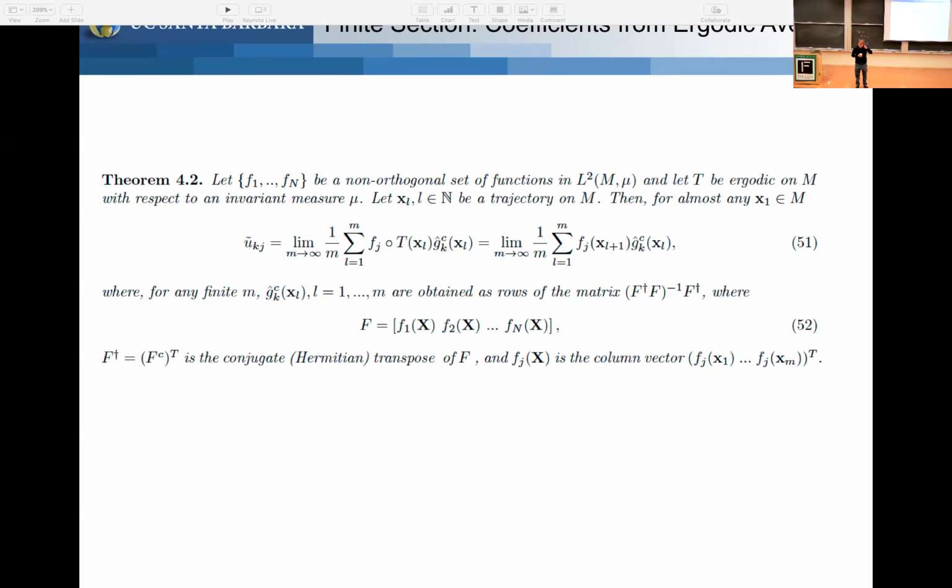I guess the question is, do you actually need convergence of the operator, or do you have something much weaker to still be able to? So that's a great question. And if you posit the problem the way I did, the only convergence that you need to think about is these time averages, right? In the early papers that I wrote, I always felt that exhibiting the operator is a little much.